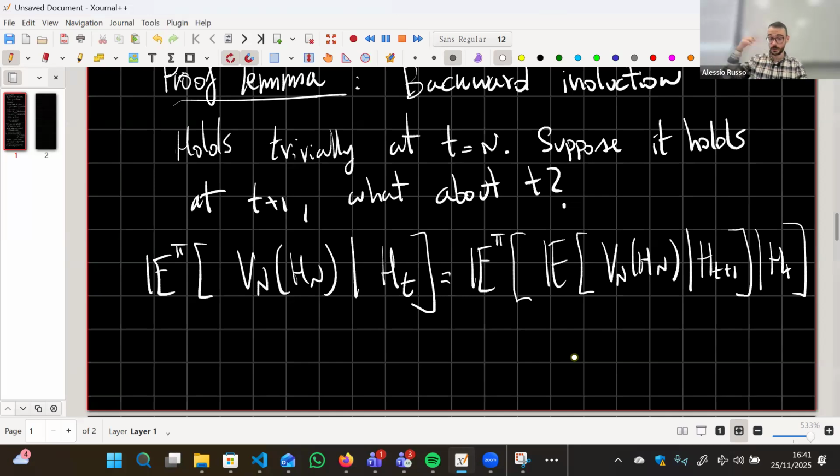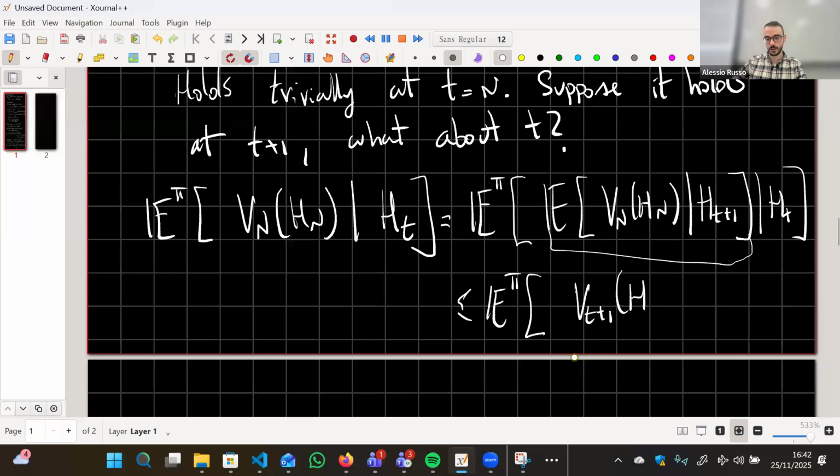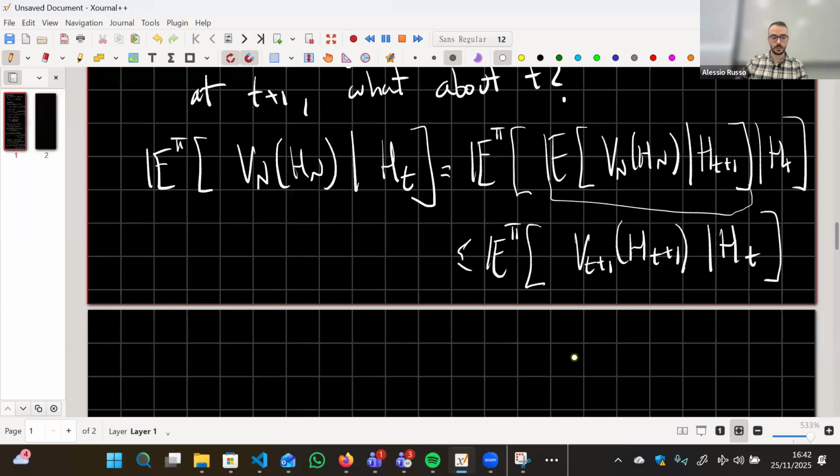So by the tower rule, you can integrate over the next observation to get h t plus 1. But now you know that this is upper bounded by V t plus 1 of h t plus 1, given h t. But what is the definition of V t plus 1?